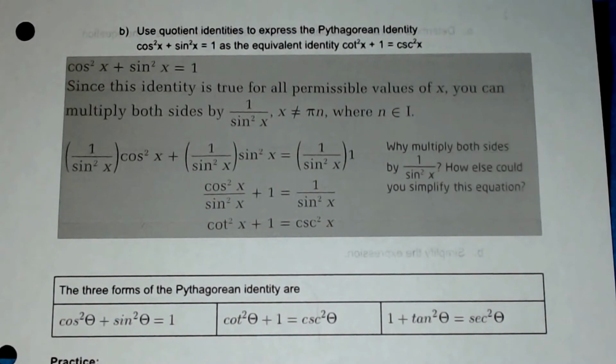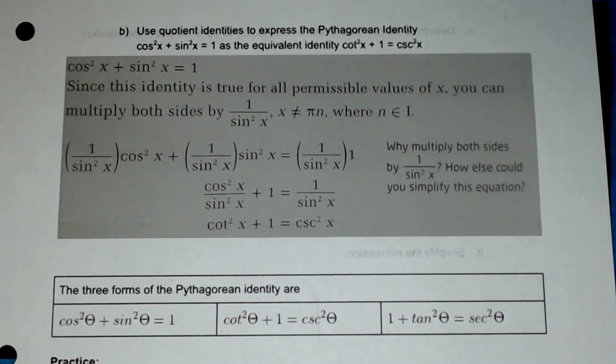Alternatively, you can also use quotient identities to express the Pythagorean identity. So we're just looking to equate cos squared x plus sine squared x equals 1 to cotan squared x plus 1 equals cosecant squared x. There's a simple explanation here. If you see on the right, it says multiply both sides by 1 over sine squared x. I think that this is the easiest way to pull out a common denominator.